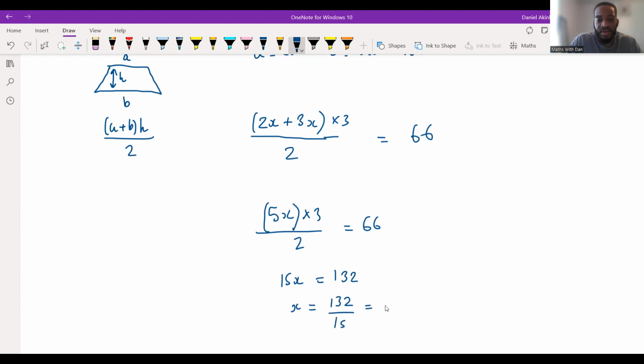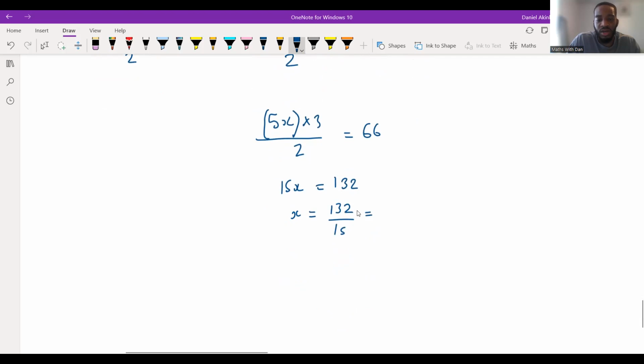Can this simplify? Well, imagine I'm in an exam. I could either use the bus stop method, or I could just try and break it down in terms of factors. So I know, for example, 132 is the same as 66 times 2, because we just times it by 2 to give us that. And this is 15. And then 66, I can break this down in terms of 3s.